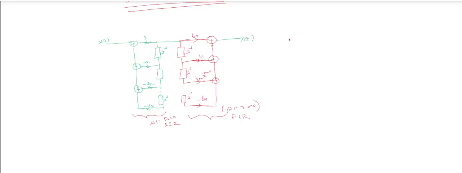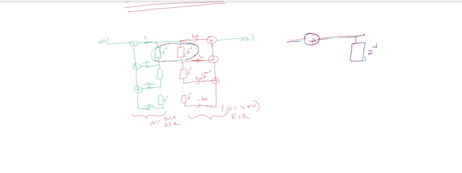So these two delay elements can be combined together into one single delay element, Z inverse. From this the output will be here minus B1, that is B1.